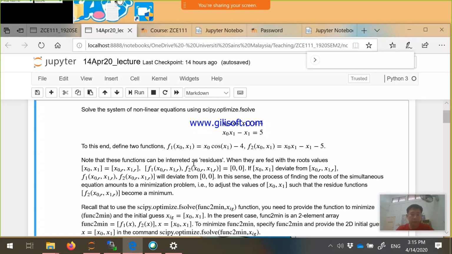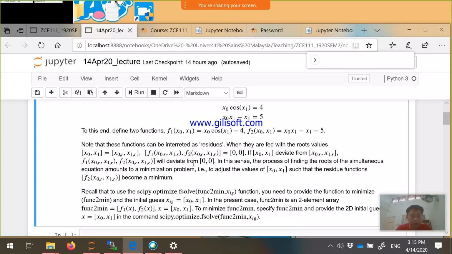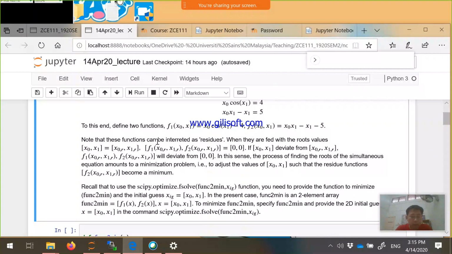So the idea is quite simple. If the values of x0 and x1 are different from the true solutions, then the function f1 will not be 0.